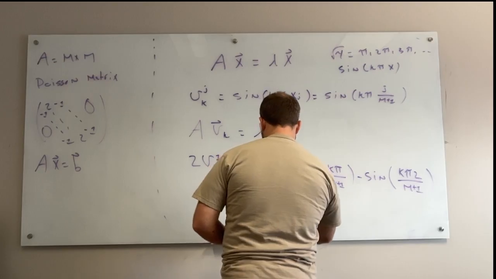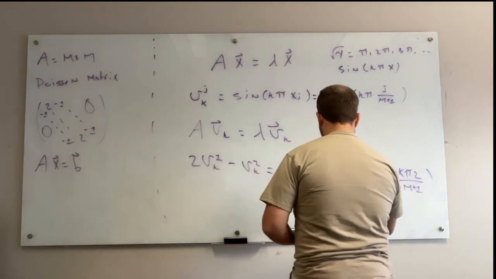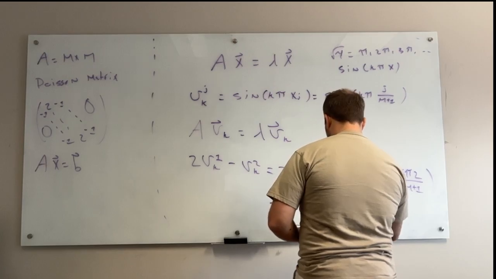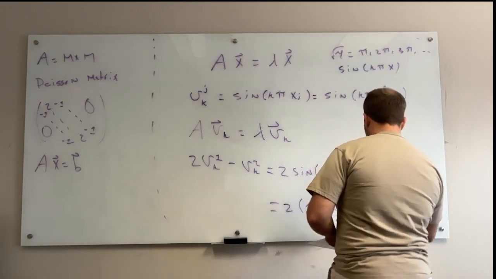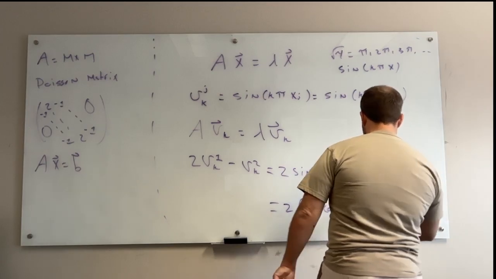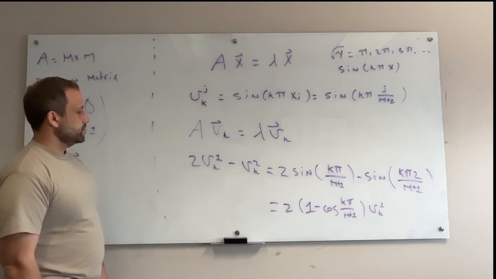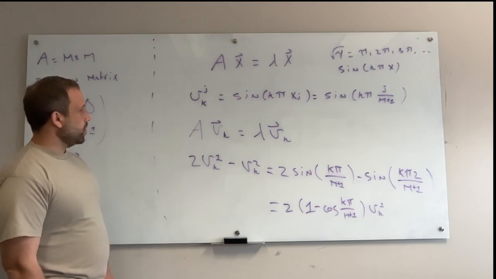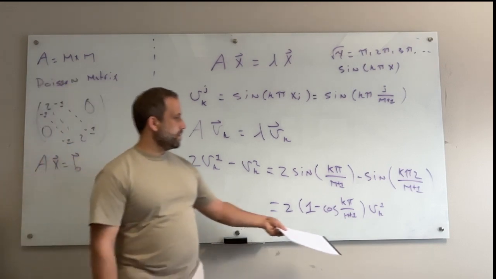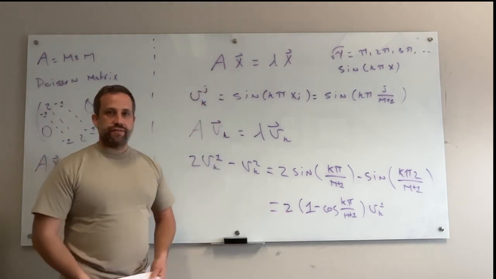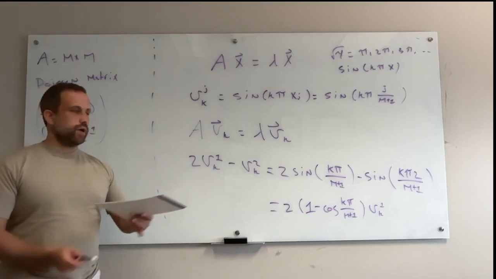This is going to be equal to 2 times 1 minus cosine of k pi over n plus 1 times the first entry of the kth eigenvector. Okay, so in other words, this says that for the eigenvector k, this is going to be the corresponding eigenvalue, at least if a computation like this is true for j equals 2 through n.